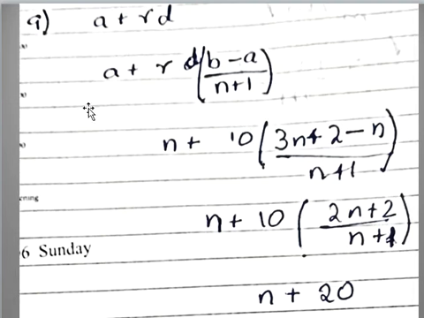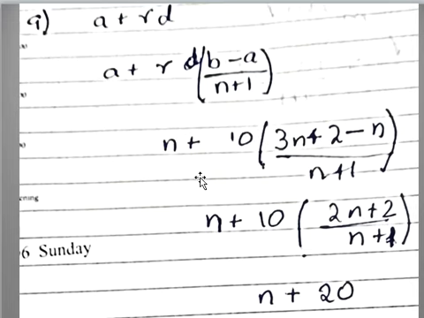So a plus rd, up to here it's all the formula, and the value of d is (b minus a) by (n plus 1). So this is our formula over here, a plus r into (b minus a) by (n plus 1), and we know the value of a is n, the value of r is 10, the value of b is 3n plus 2.